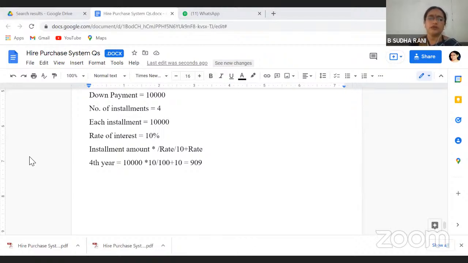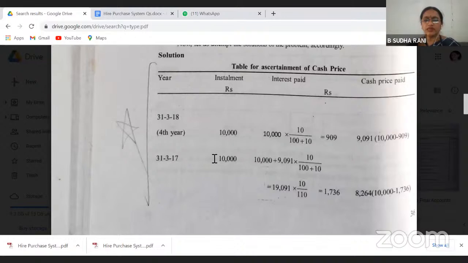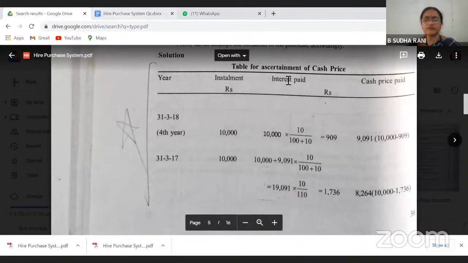Next, the third year. What do we do? To the 10,000 of the third year, we add this amount of cash.